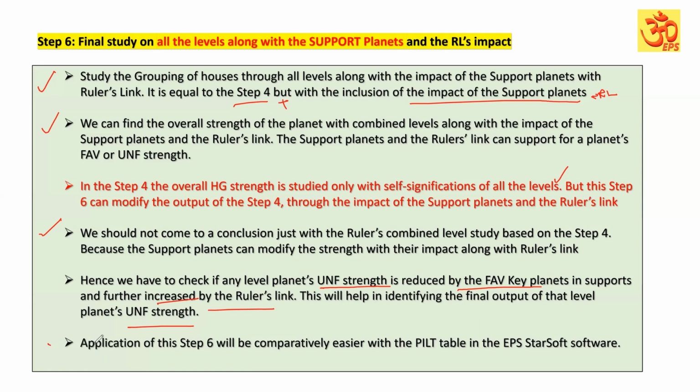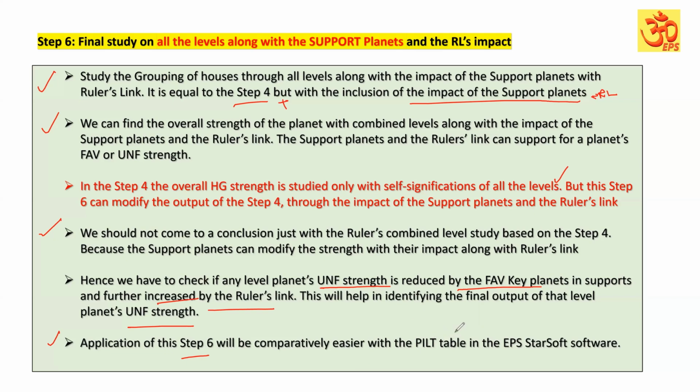The application of this step 6 will be comparatively easier when we are doing it manually, as I was explaining in the previous slide in step number 5, in the EPS table, which planets are in supports. In each support column we have to check whether they are present in the rulers, so that we can do it manually. But there are certain tools in the EPS Star software to identify the key planets and also the ruler link.